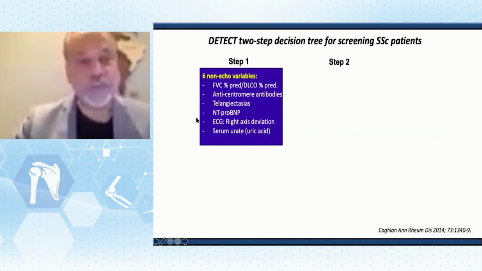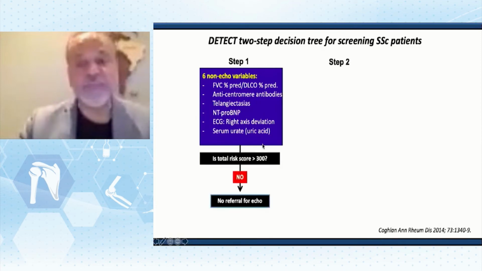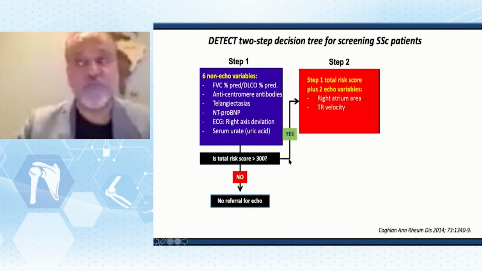So they look at step 1, those patients who have those 6 characteristics: the FVC over DLCO ratio, anti-centromere antibodies, telangiectasia, pro-BNP, right axis deviation, and serum urate. And they give specific scoring for each item. If the patient scores more than 300 points, they move to step 2.